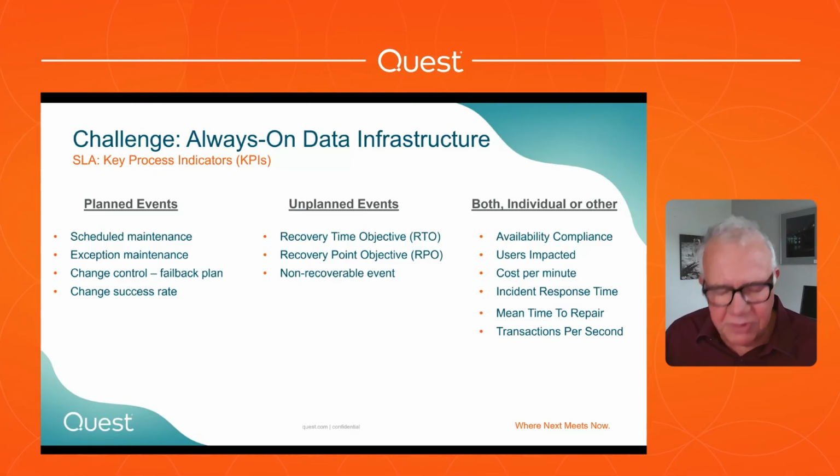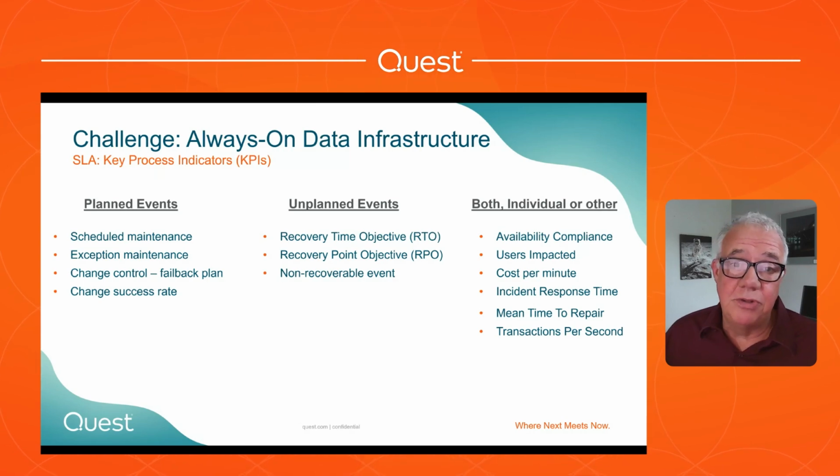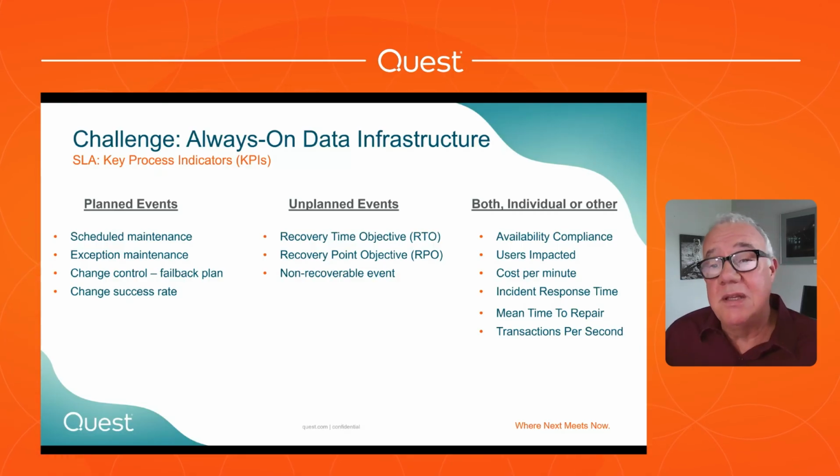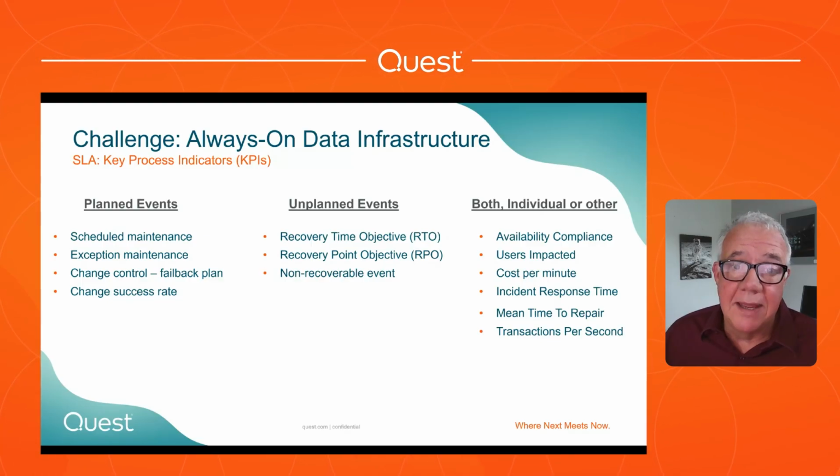There can be, particularly for MSPs, contractual language that talks about a certain level of availability maintained during a period. And if you have an unexpected outage, you can threaten that availability compliance, and you need to be very careful with the remaining time in a period.